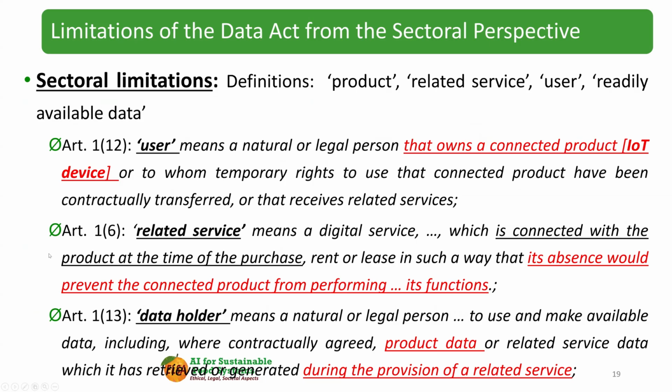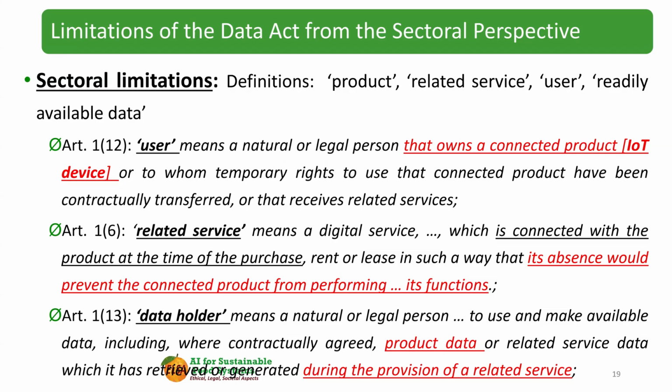Yeah, we have all these rules, rights, etc. But this Data Act is a horizontal regulation, which means it is designed for all the sectors, not agriculture specific. So when you apply this framework to the sectoral cases, sometimes there are limitations. The most important limitation of this Data Act is related to the definition of certain concepts like user.